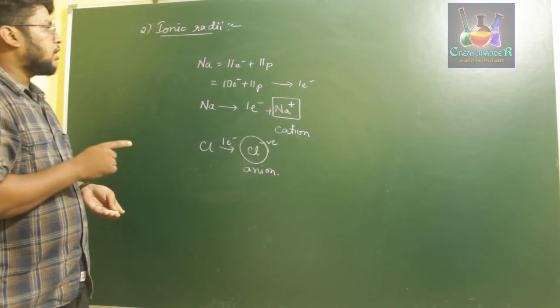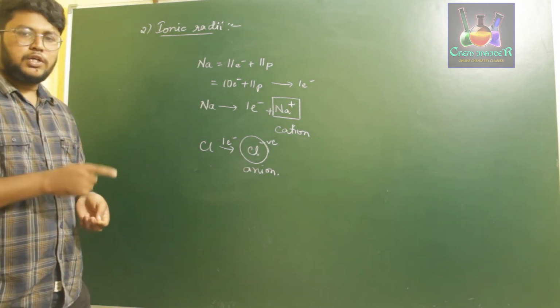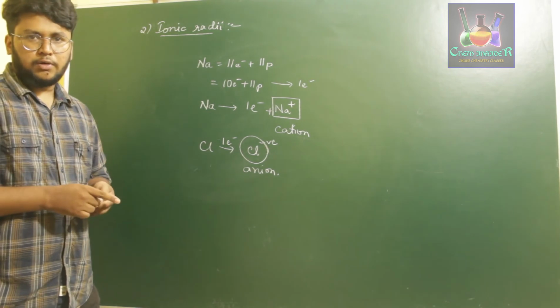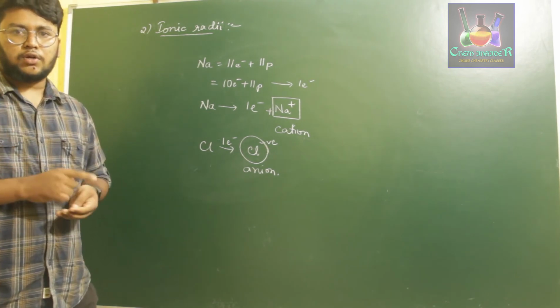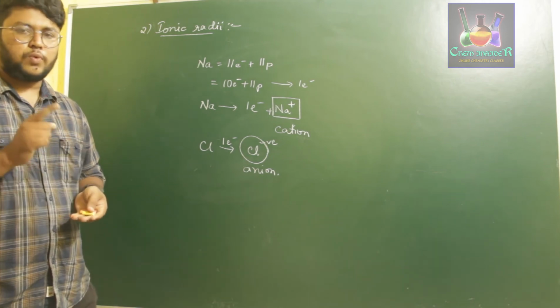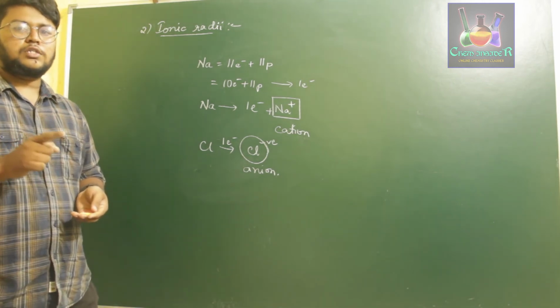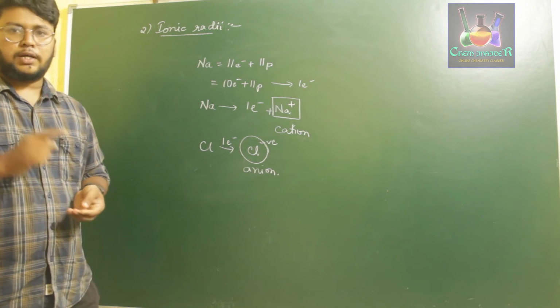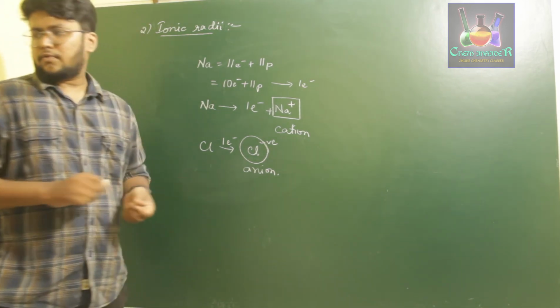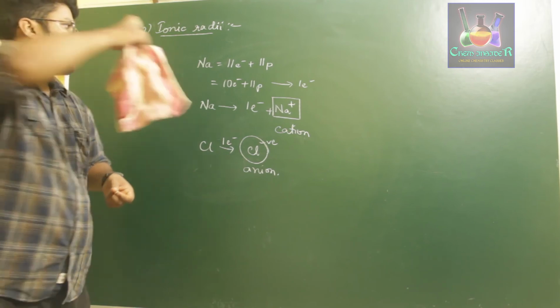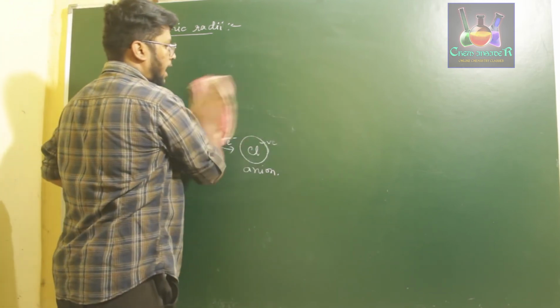And the ionic radius is the distance between the nucleus of an ion and its outermost shell which has at least one electron present in it. If it has at least one electron, we need to consider the distance between the nucleus and that orbital.